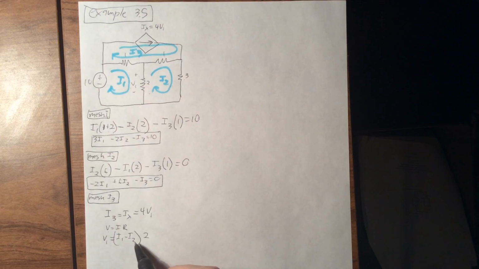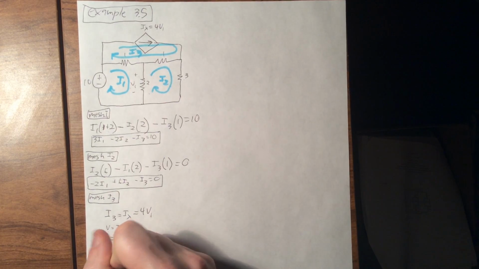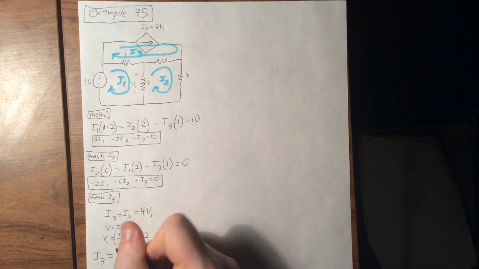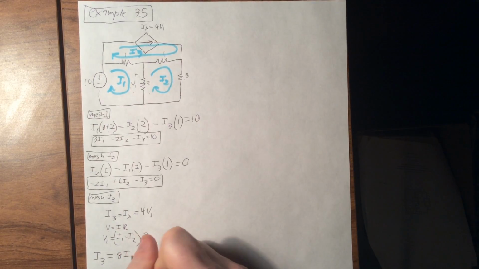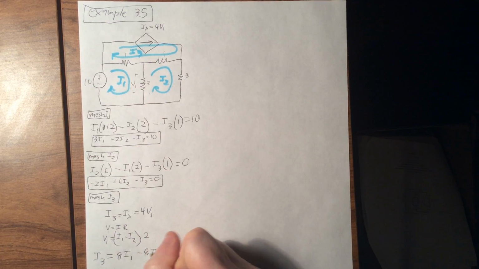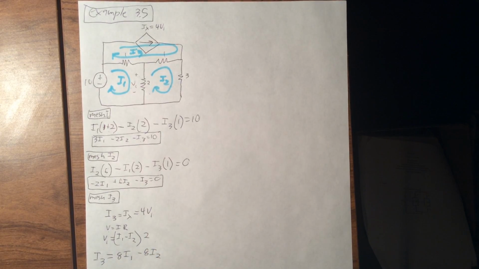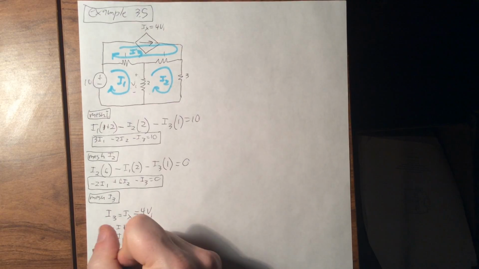So this goes into this, and that's I3. I3 equals 8I1 minus 8I2. Good, that's our third equation.